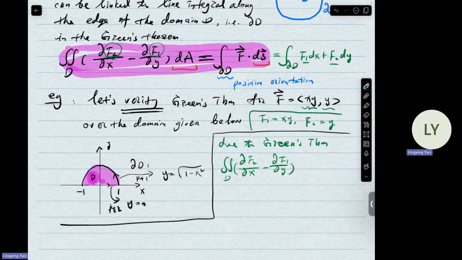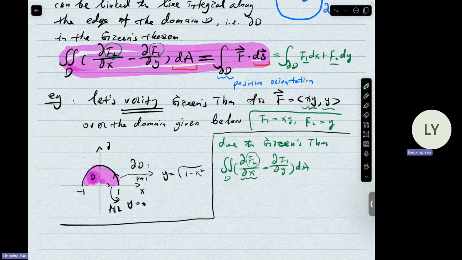How do you remember this partial derivative and F1, F2? Remember, the derivative always starts with the derivative with respect to x. The F1 and F2 are the components of the vector field corresponding to the x and y directions. So this is the F in the y direction, but take the derivative with respect to x and subtract the other cross.